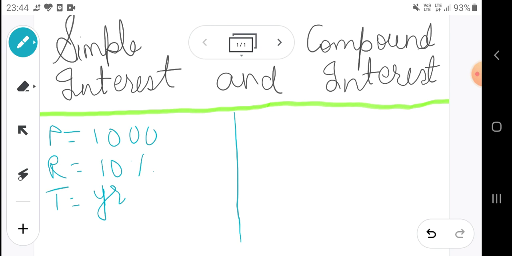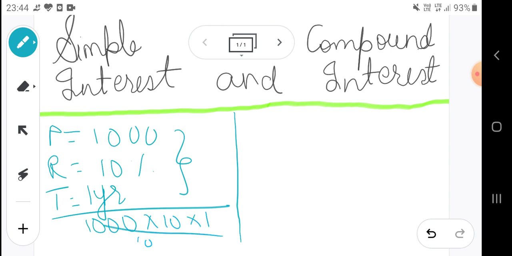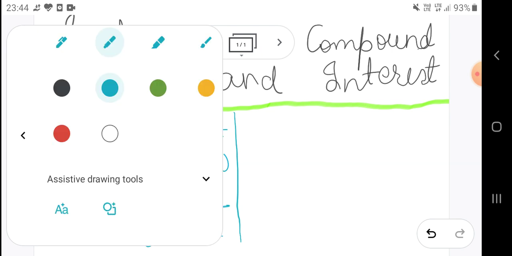By your previous knowledge, you must be knowing that you have to multiply all these 3. What will you get? 1,000 into 10 into 1 upon 100. So what you got? You got SI as rupees 100.